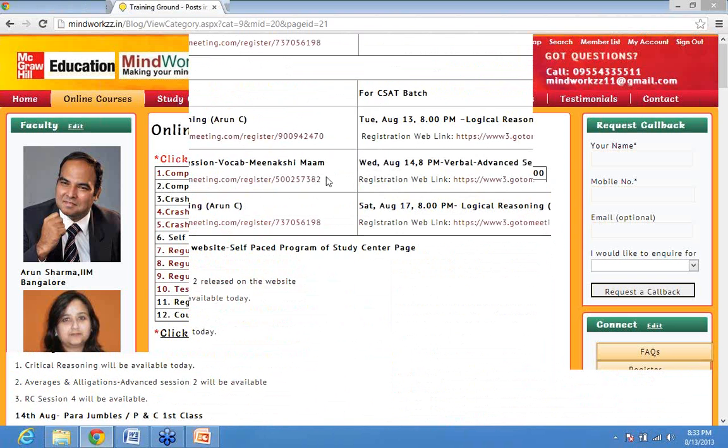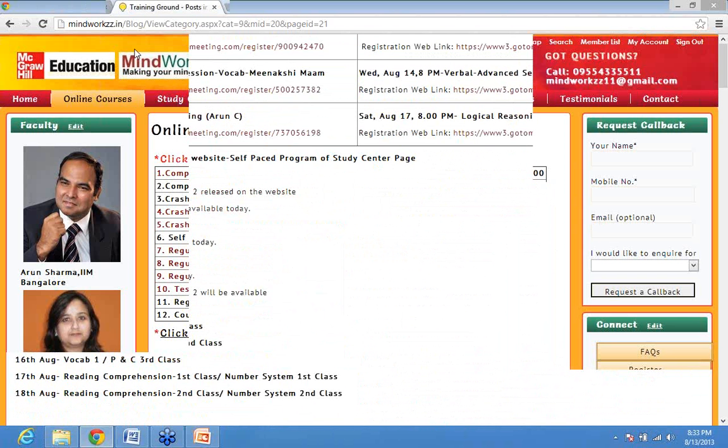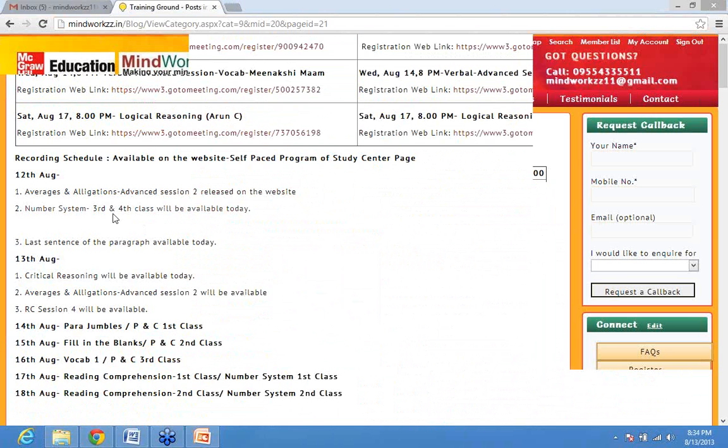Below, you will find that on 12th August we have released average allegation advanced session, number system 3rd and 4th class. On 13th August, that is today, we have released critical reasoning, average allegation advanced session and RC session 4. Tomorrow, 14th August, para jumbles, PNC first class, critical reasoning and RC session 4 will be available. Every video released here will be available for 2 days.